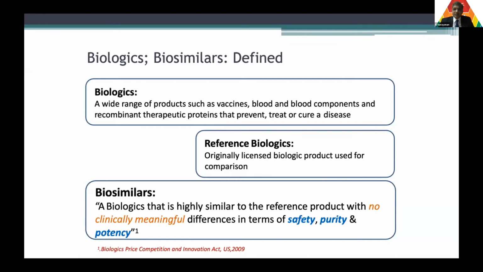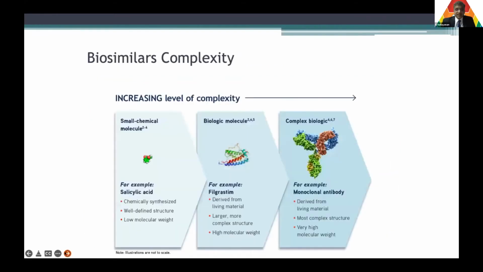But we must remember that they are similar, but they cannot be the exact same molecule. This is where the difference comes with a generic product, let's say of an oral medication, of an eye drop. They have to be exactly the same. But in biosimilars, they are similar, but they may not be exactly the same.